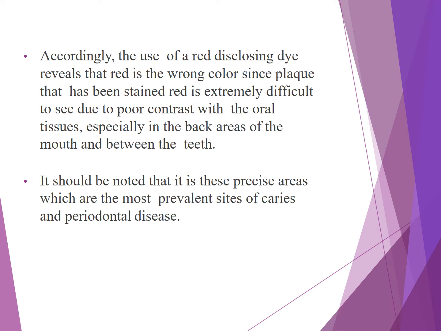The use of red disclosing dye reveals that red is the wrong color, since plaque that has been stained red is extremely difficult to see due to the poor contrast with the oral tissue, especially in the back area of the mouth and between the teeth. It should be noted that it is this precise area which is the most prevalent site of caries and periodontal disease.